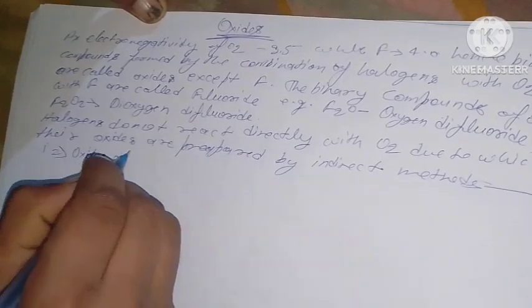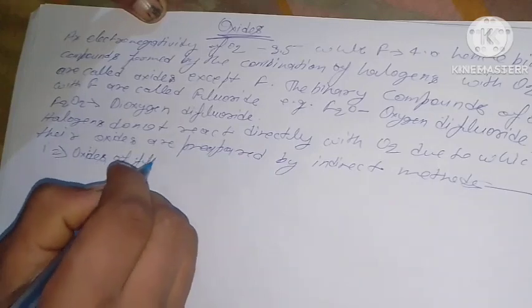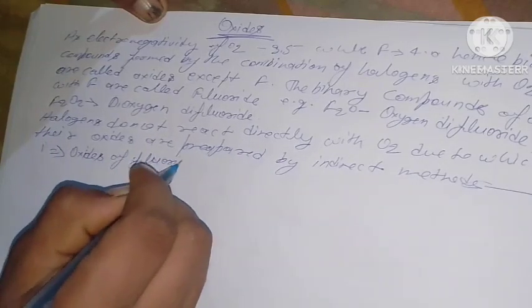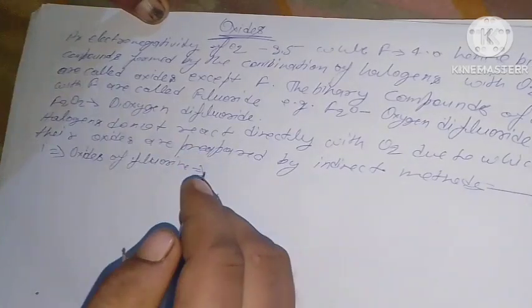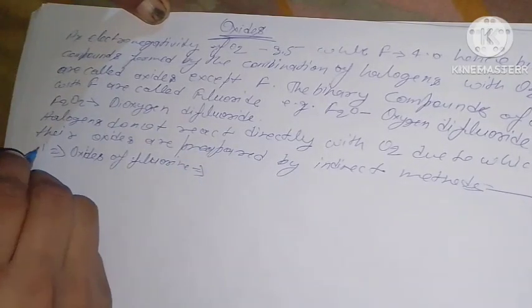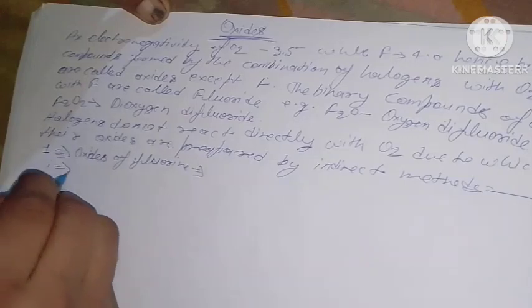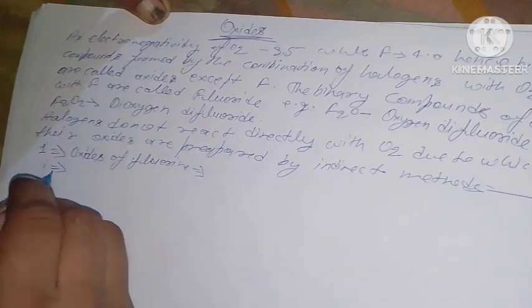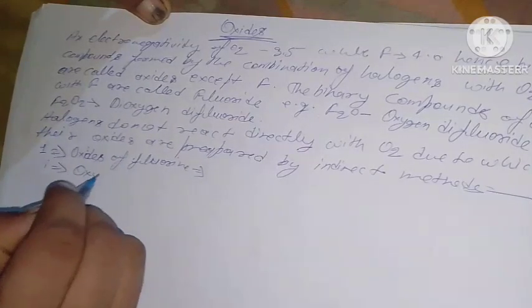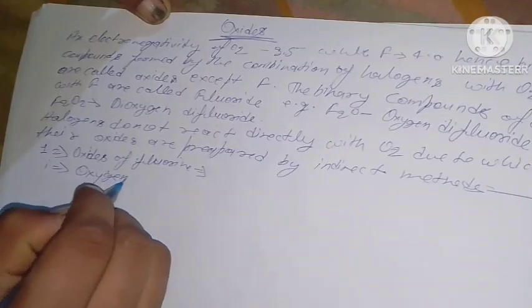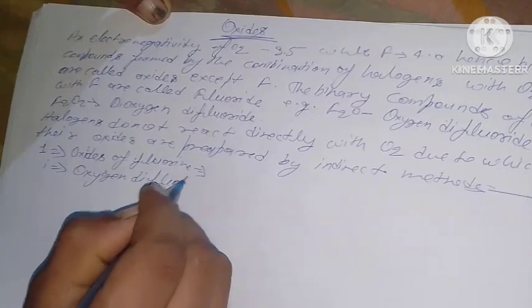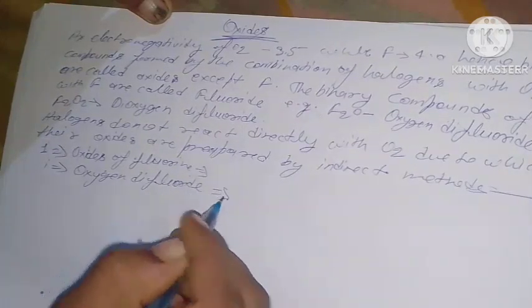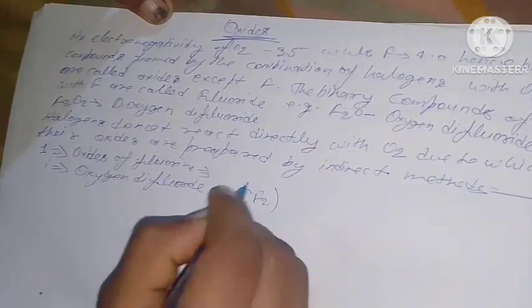First point, oxides of fluorine. Two oxides of fluorine are well known, for example, first, oxygen difluoride, OF2.